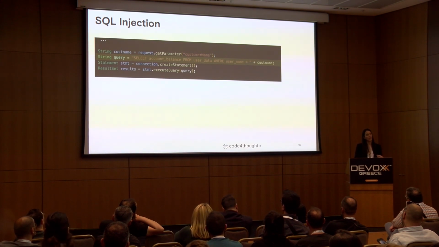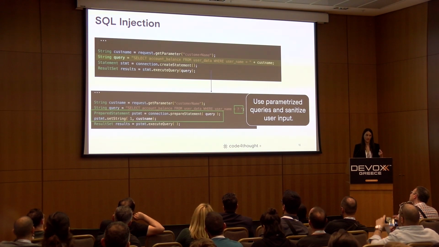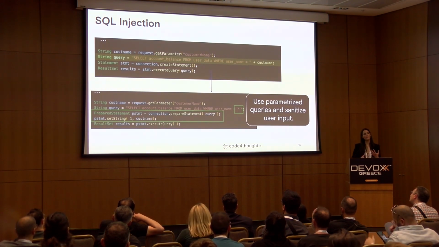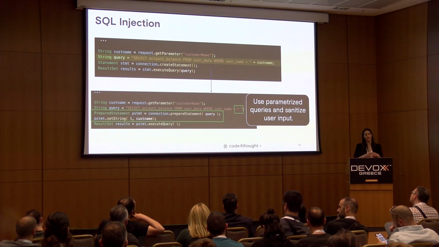And this could end up in malicious actions to the database. So a good solution would be to use parameterized queries and always sanitize user input. This may sound trivial, but these are the core cases that could make an impact on your everyday work.